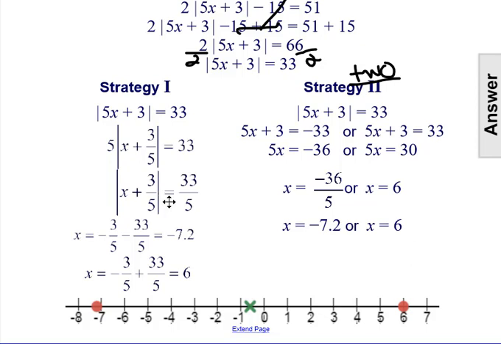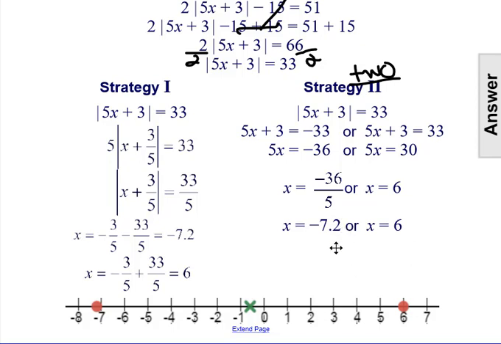So strategy number 1, you're definitely working with a lot of fractions. You're using the fact that negative 3/5 is your center, and you're moving 33 over 5 to the left, which gives you negative 7.2, and 33 over 5 to the right, which gives you 6. Again, strategy number 1, a lot of fractions.